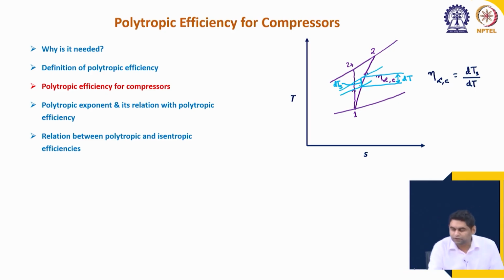Now, for this isentropic process, we know that T by P to the power gamma minus 1 by gamma is a constant for the isentropic process.